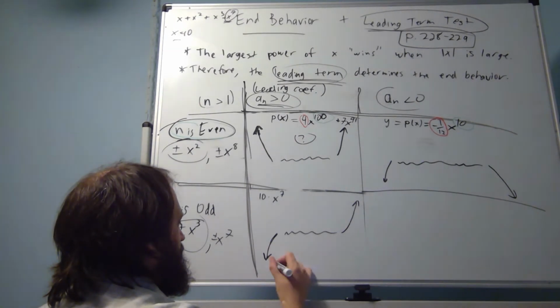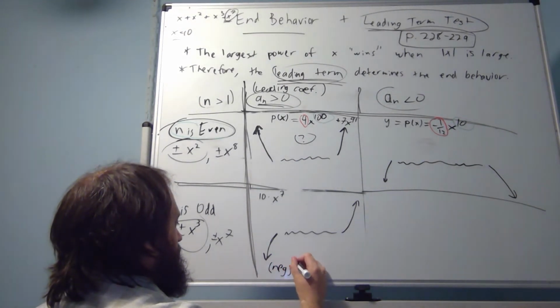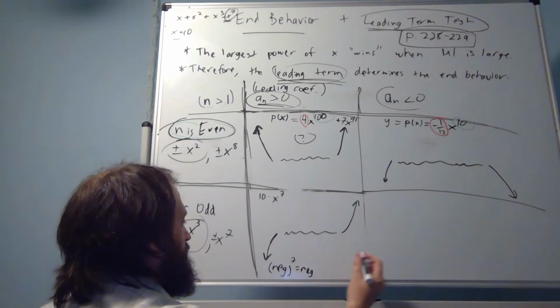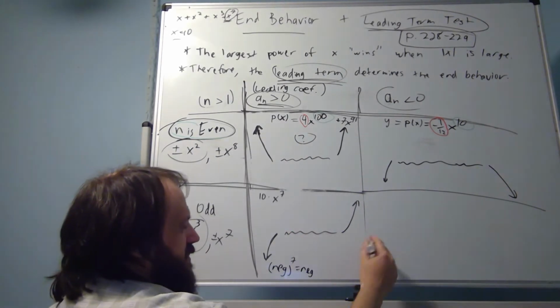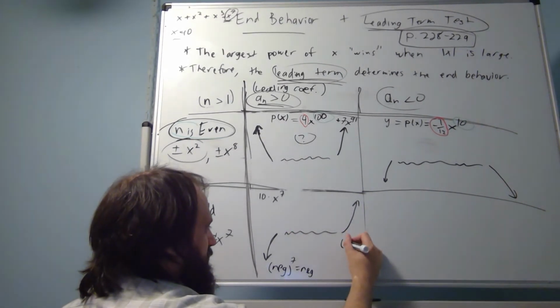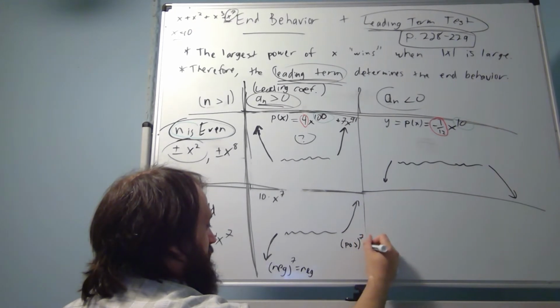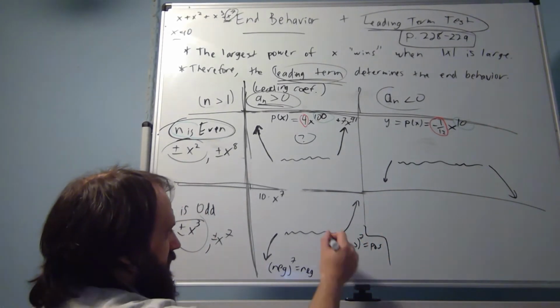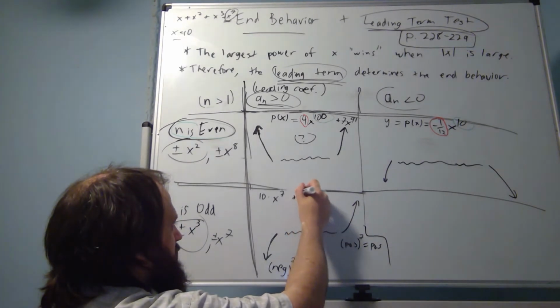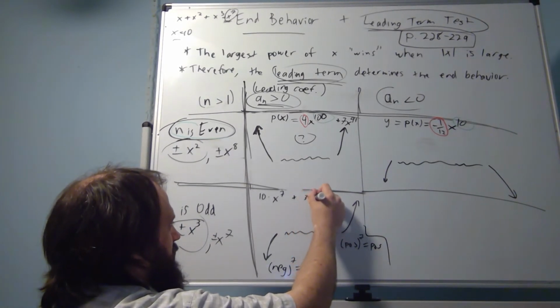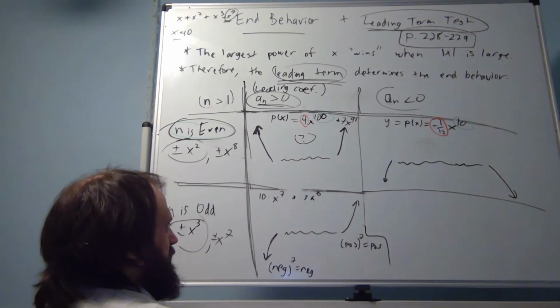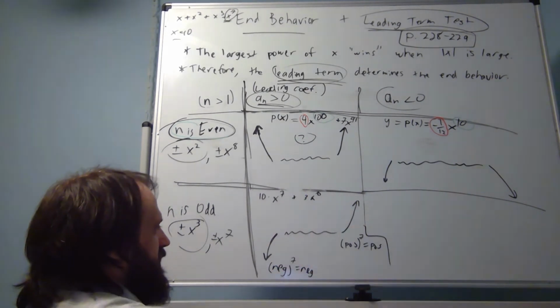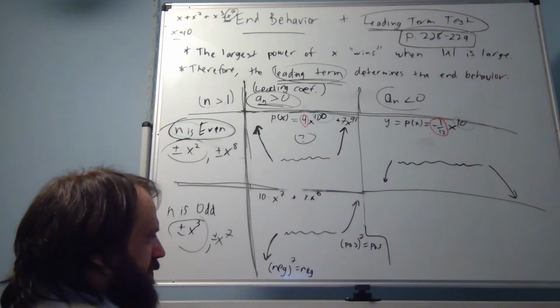So a negative to the 7th equals negative. But you plug in large positive values, positive to the 7th is equal to positive. And in between, well, maybe there's 3x to the 6th. So in between, they can disagree with each other. Lots of things can happen.